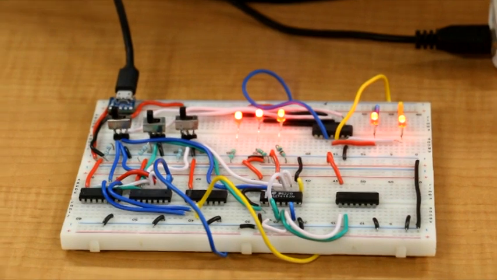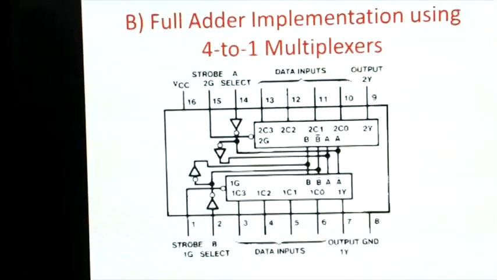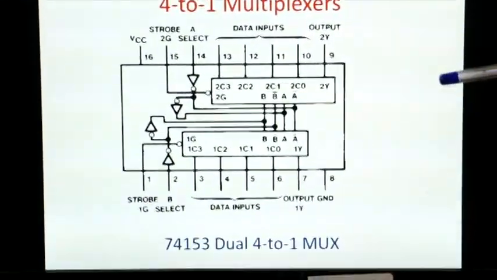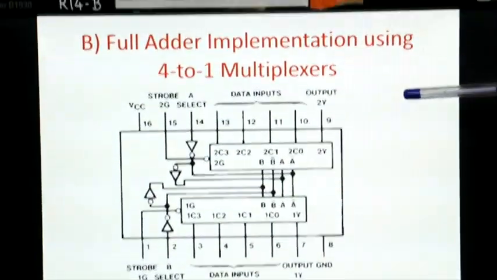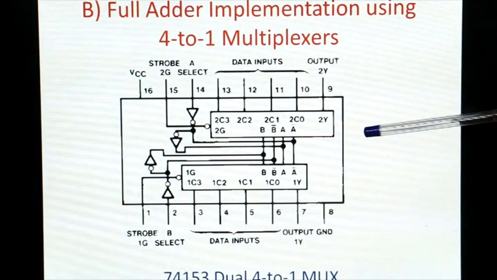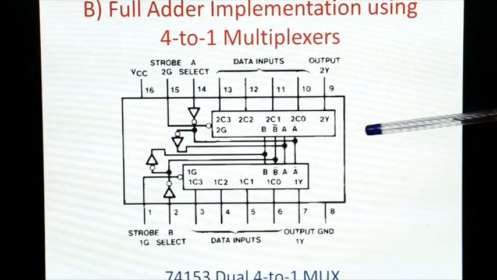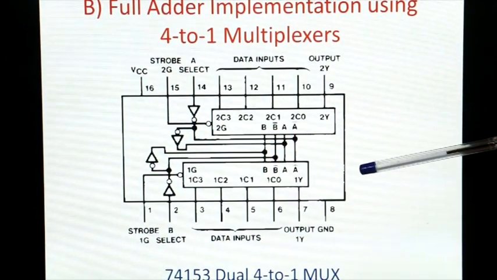Now the next experiment we are going to do is to implement the full adder using 4 to 1 multiplexers. What we have here is the 74153, a dual 4 to 1 multiplexer.